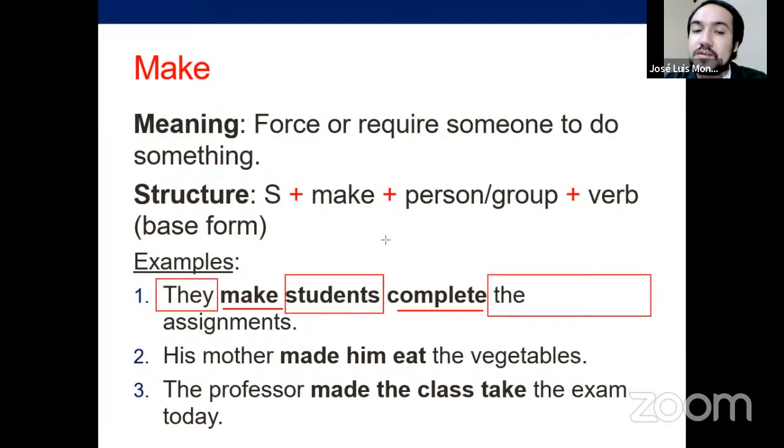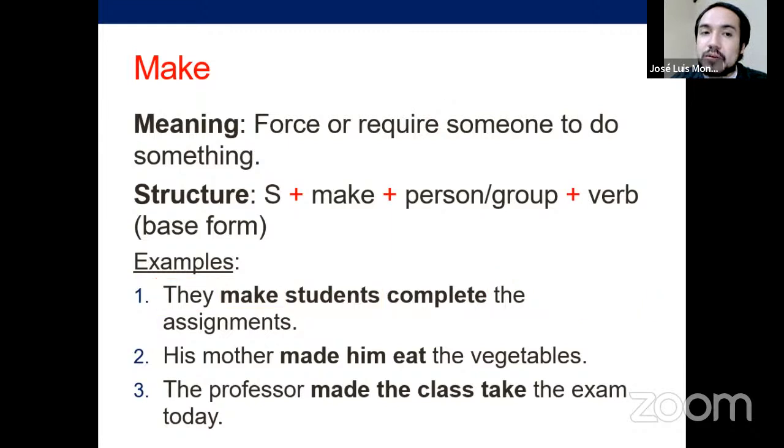In present continuous, they are making students complete the assignments. In past continuous, they were making students complete the assignments, and so on and so forth. It means that we can use these causative verbs in any tense, present, past, future, as you can also see in the rest of the examples. But again, we already covered this.